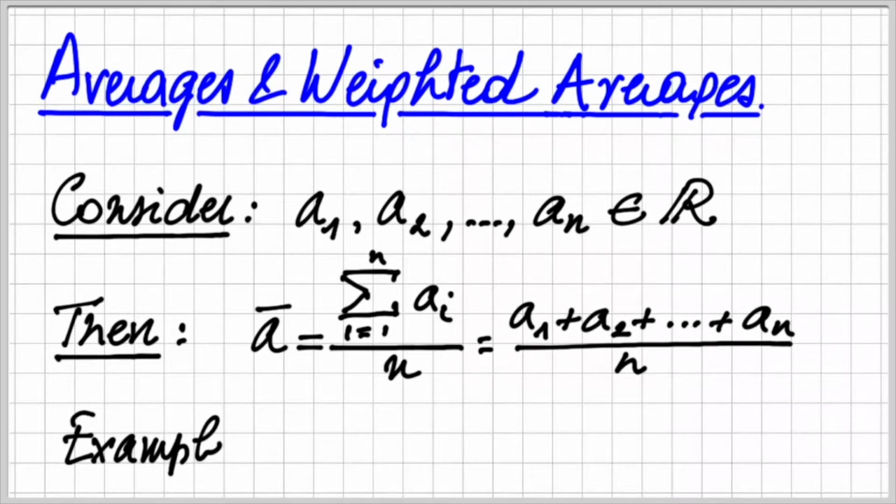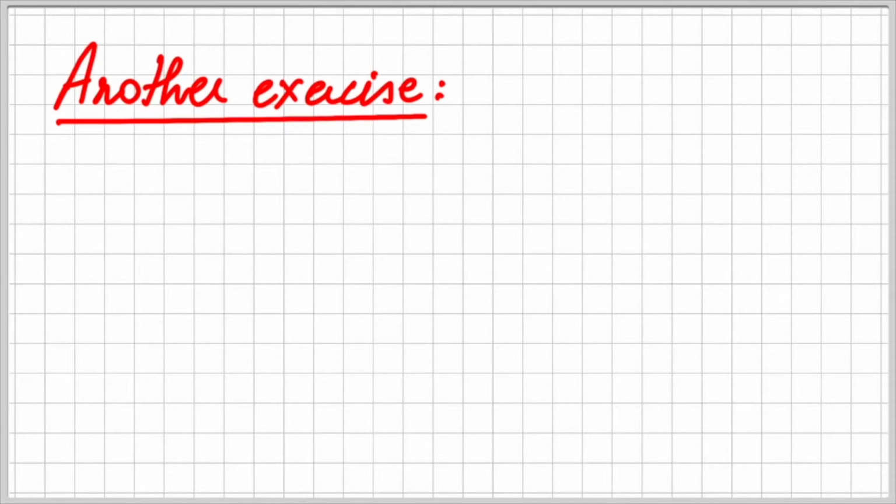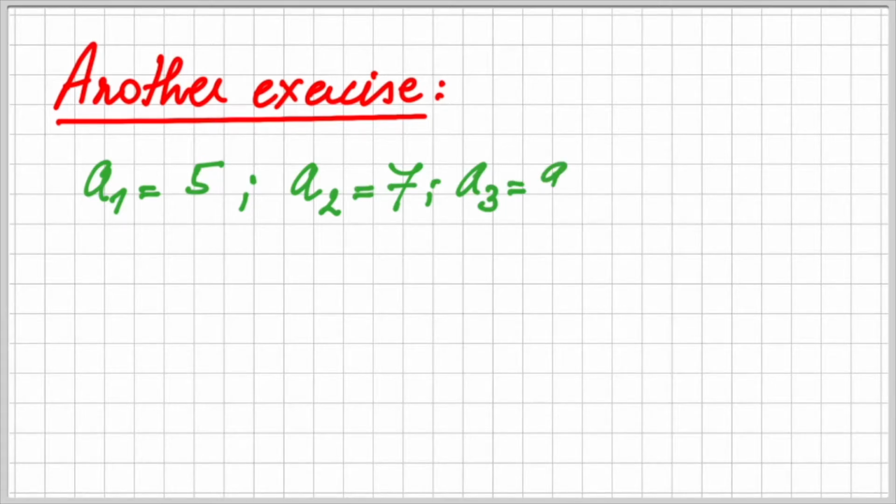When we select some real numbers, for example, a1 is 7, a2 is 9, a3 is 11, when we calculate this, we find that this is 27 divided by 3, which is equal to 9. Let's have another exercise where I select a1 equal to 5, a2 equal to 7, a3 equal to 9, a4 equal to 11.